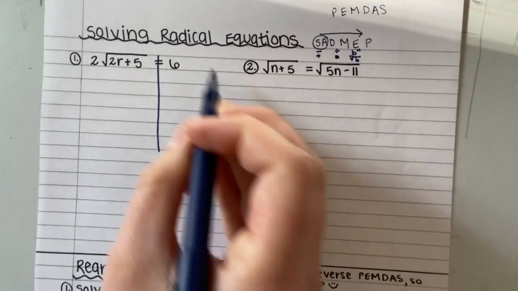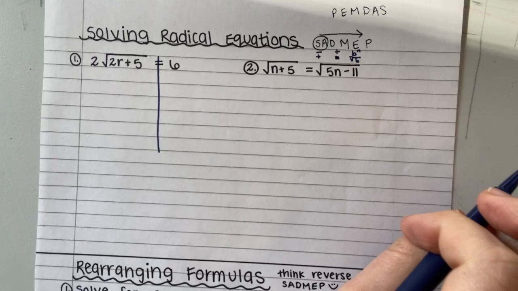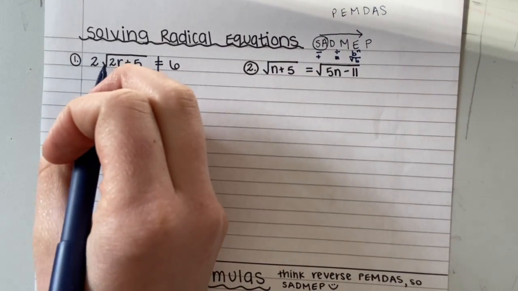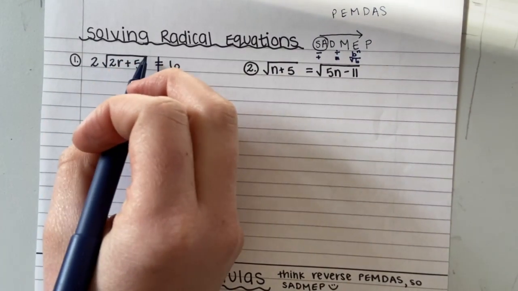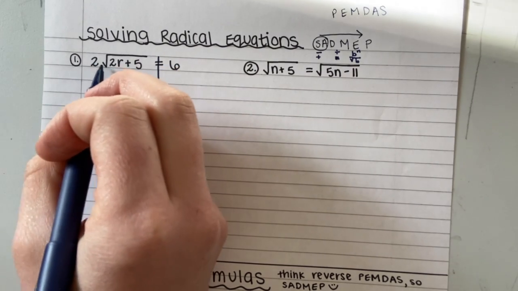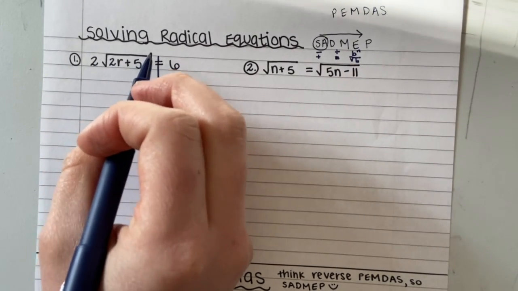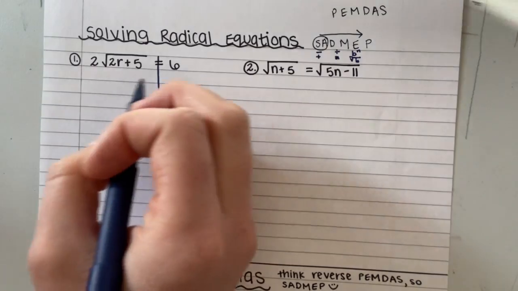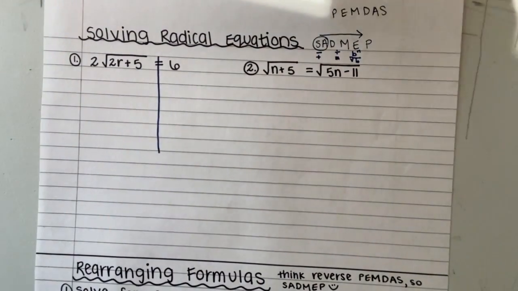So hopefully doing this will make that make a little bit more sense, because this is a square root symbol, our little check sign. In order to get rid of a square root, we have to square it. But I'm getting ahead of myself.